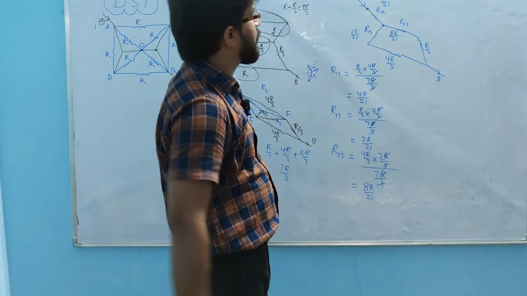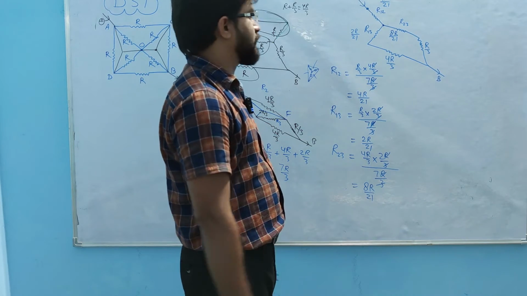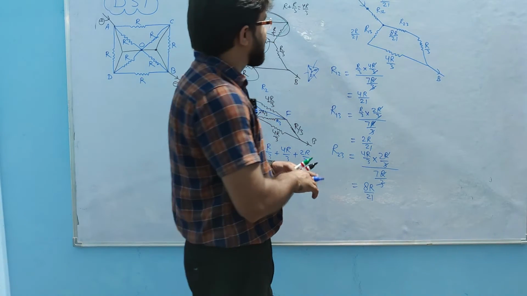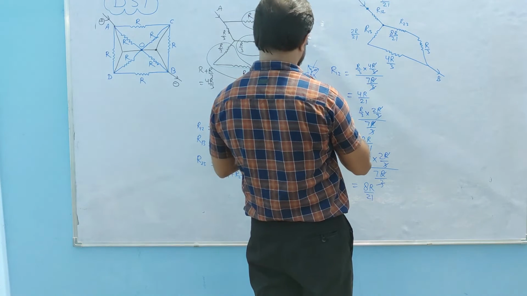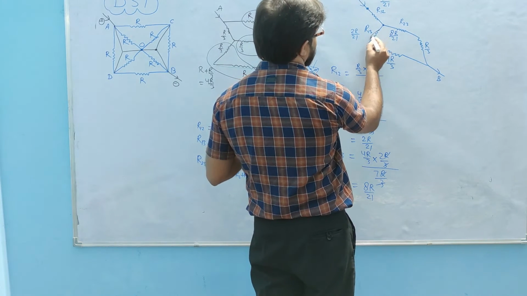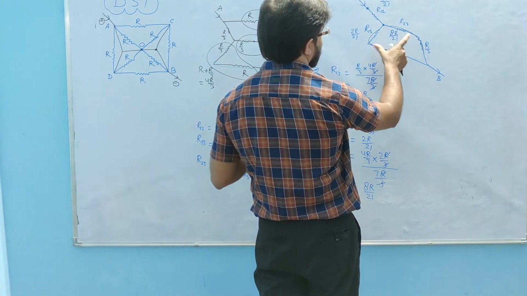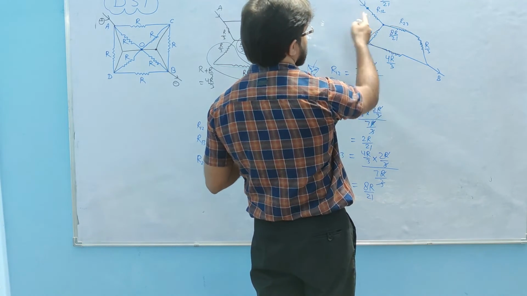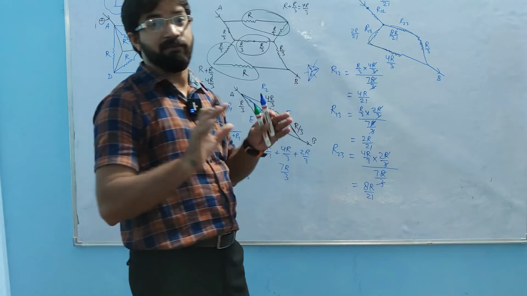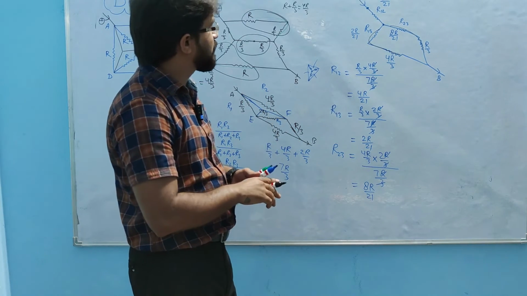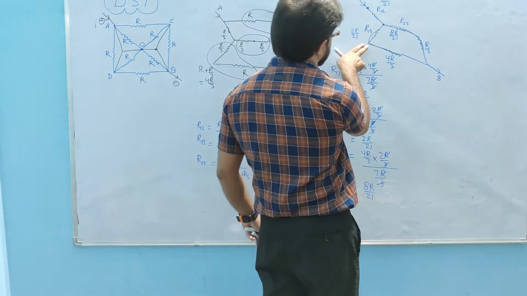Now it is looking like an okay circuit. Now these two are in series, then they will be in parallel, then that and this one will be in series, and then we will get our final answer. So let's apply these two.